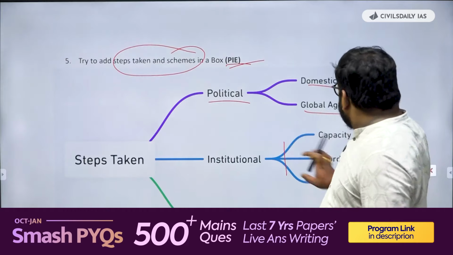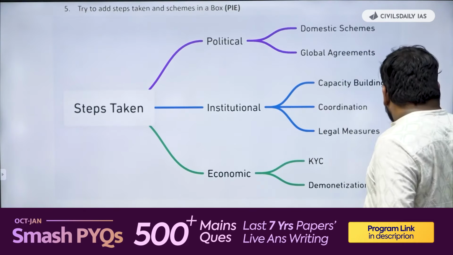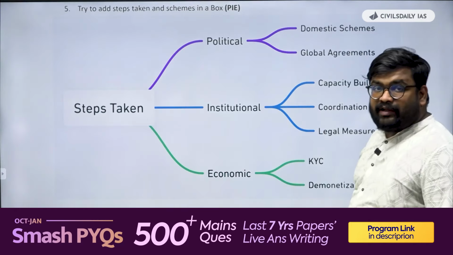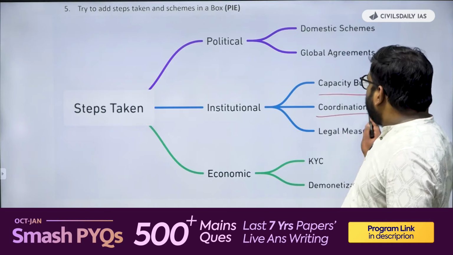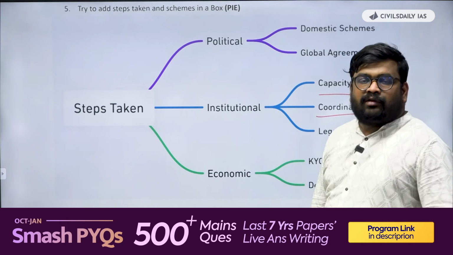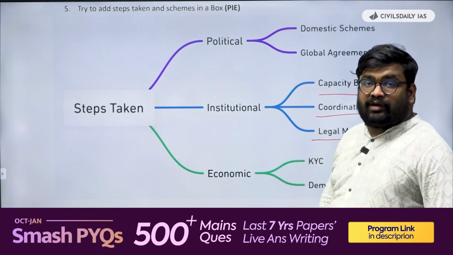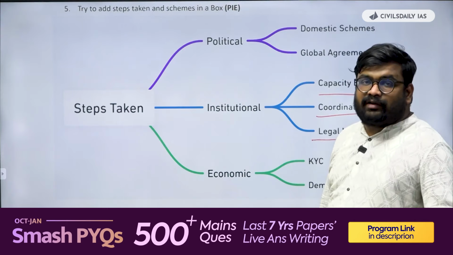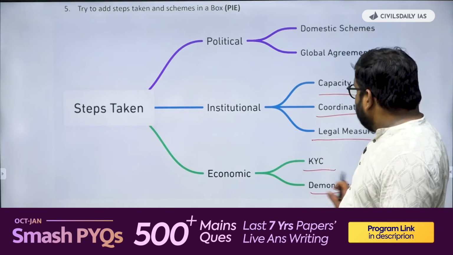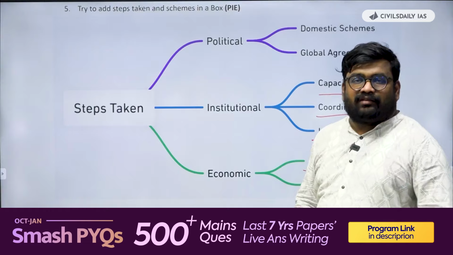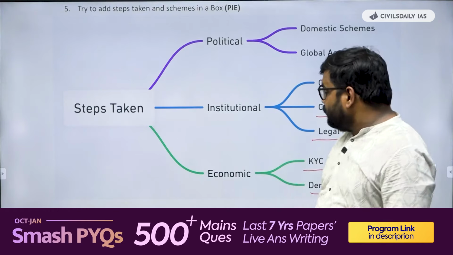Then from the perspective of the institutional, the efforts taken for the capacity building of the law enforcement agencies, the training given, the coordination, for example, the MAC, Multi-Agency Centre, then the legal measures, the different laws, for example, the recent Data Protection Act, then from the economic perspective, KYC, demonetization. These you can simply put in a box at the corner of your page and you can add the steps taken.